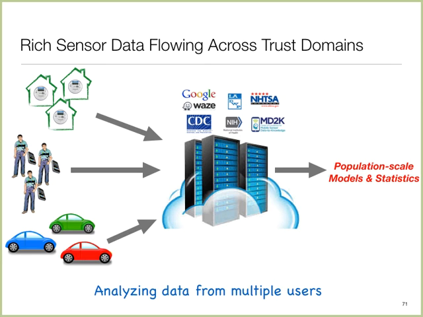For example, maybe the incidents would be reported with some error in time and location. Our goal is that from a bunch of noisy readings where noise has been deliberately added, can Waze still reliably compute the traffic state? You can think of the problem that way. In which case, these end users don't trust the intermediary, but the intermediary can still compute a reliable population level model. So that's the second model.